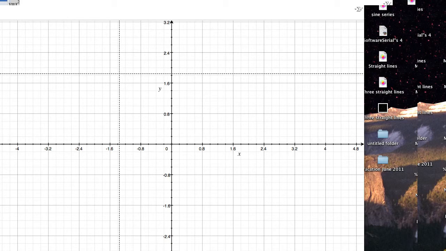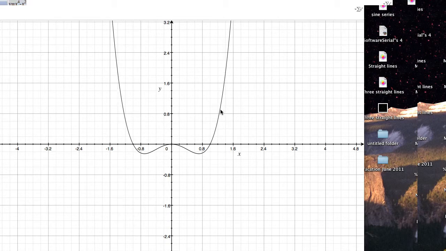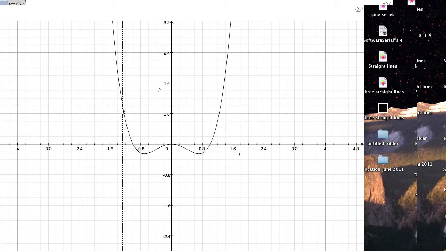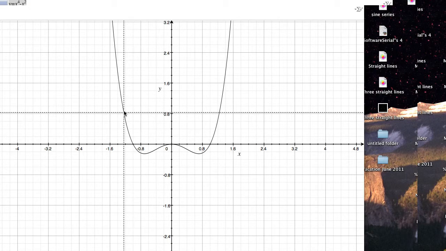And let's look at this function right in here. This function is x to the fourth minus x squared. This function also has symmetry reflected across the y-axis. What you see over there and what you see over here are the same, reflected across here.